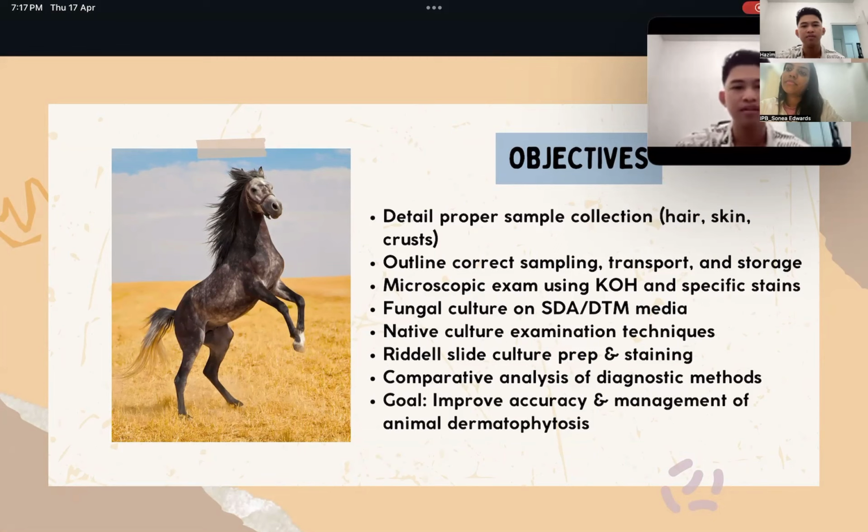The standardized protocol will improve diagnostic accuracy and clinical management of animal dermatophytosis.